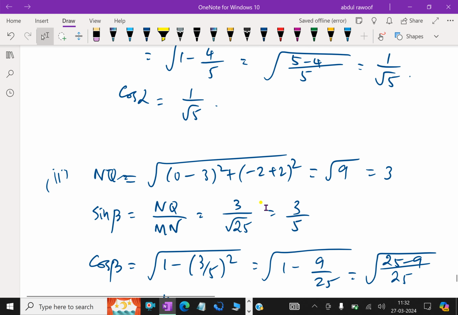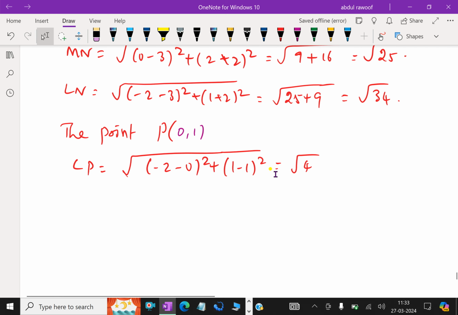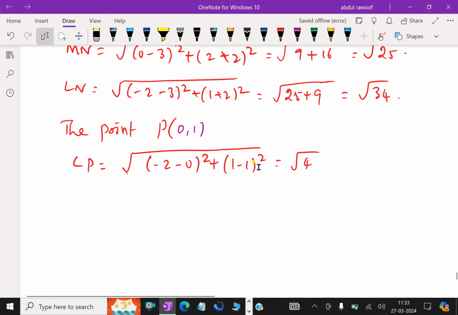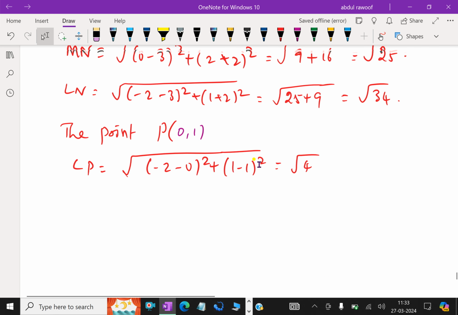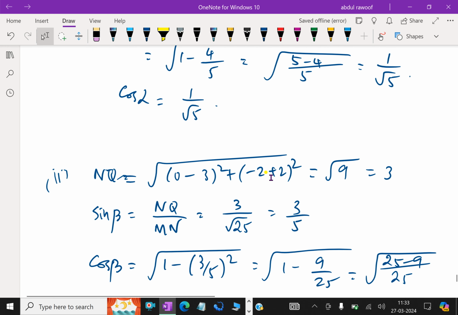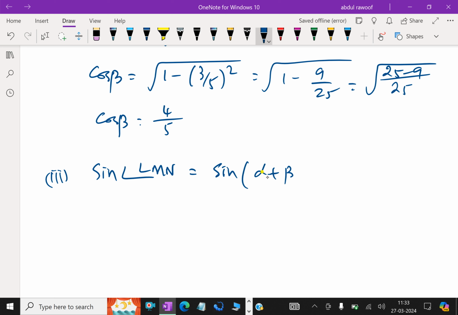Now come to the question which is asked. Show that sine LMN is 11 over 5 root 5. The sine of angle LMN equals sine of alpha plus beta.